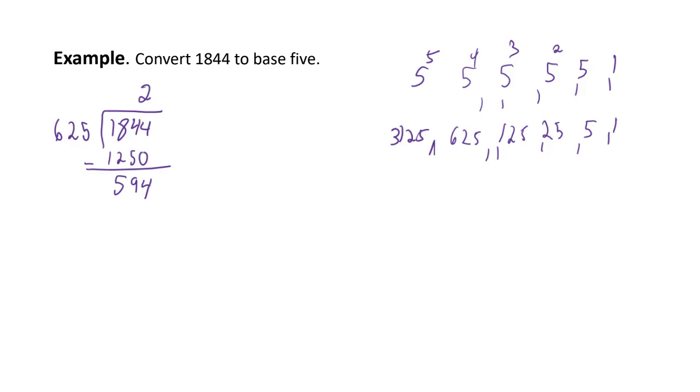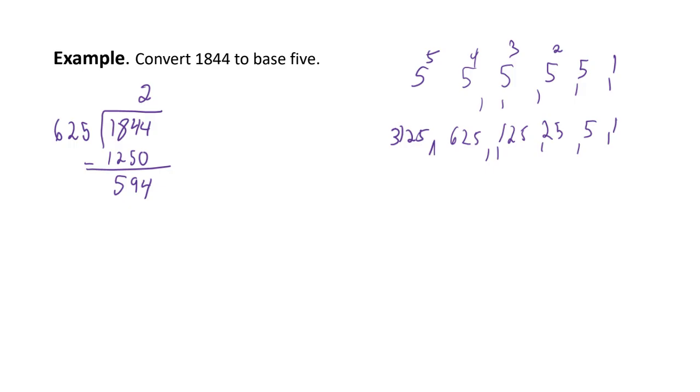I'm going to divide. I'm going to do kind of like long division, although I'm not writing all of the steps. This is the simplified way, which you can do with a calculator. Divide 1,844 by 625, it's twice. And then in the calculator, you'll have decimal points, like 2 point and a bunch of other things.